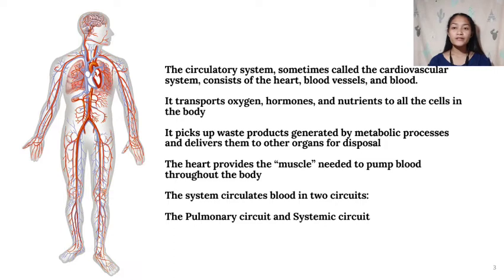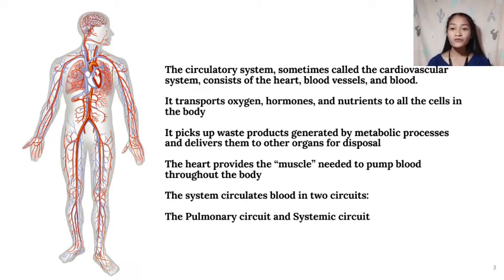So the circulatory system, sometimes called the cardiovascular system, consists of the heart, the blood vessels, and blood, as I've discussed earlier. It transports oxygen, hormones, and nutrients to all the cells in the body. It also picks up waste products generated by metabolic processes and delivers them to other organs for disposal. For example, the blood vessels deliver waste to the kidneys for excretion of waste products.